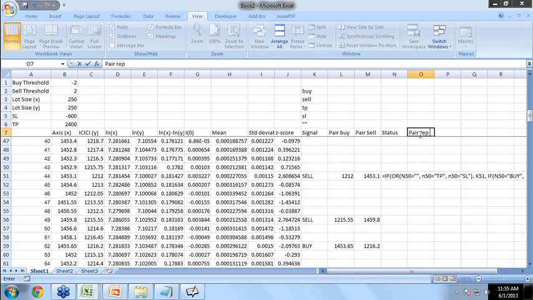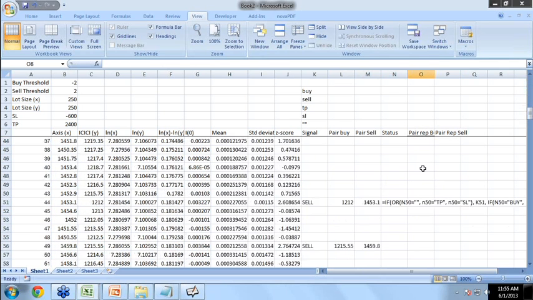Okay, so what I will do is that I will just create two more columns. I just placed an apostrophe over here because we'll be working on this formula further.